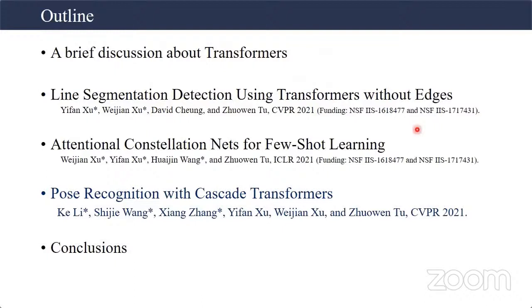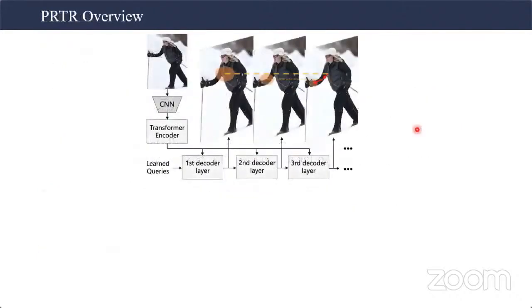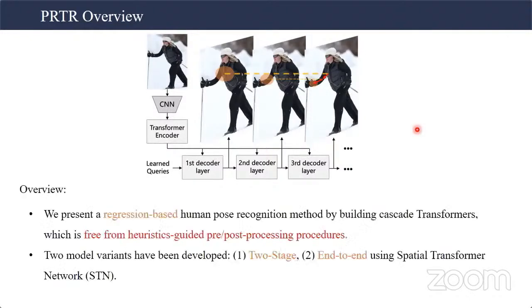Next, we will go over our pose recognition with cascade transformer paper by Kelly, Zhuowen, Xiaolong, Yifan Xu, Weizhen Xu, and myself. In this work, we tackle the pose recognition problem in a regression formulation.